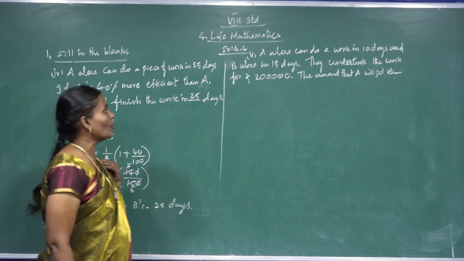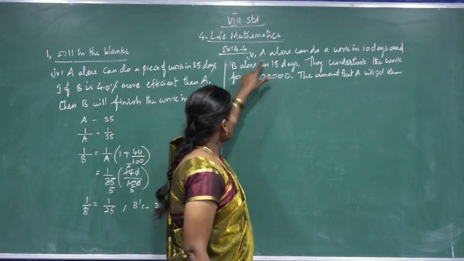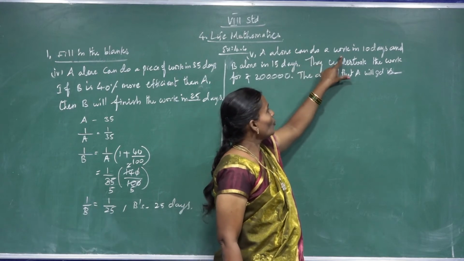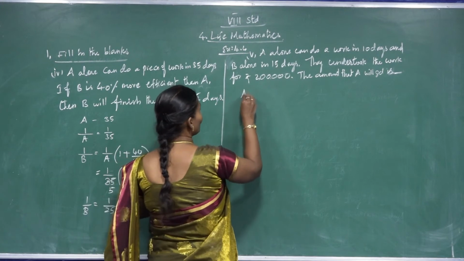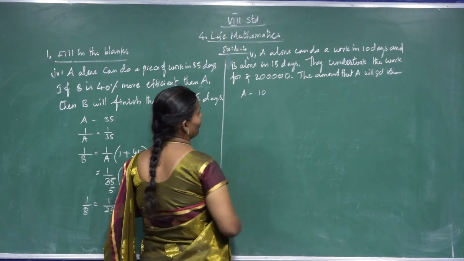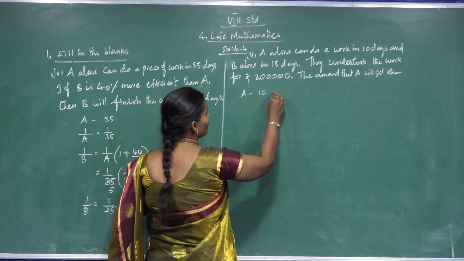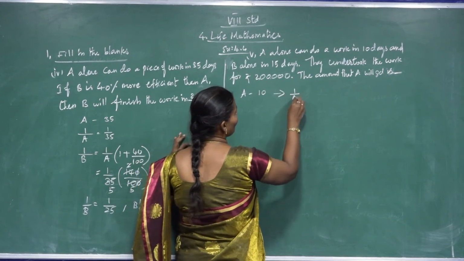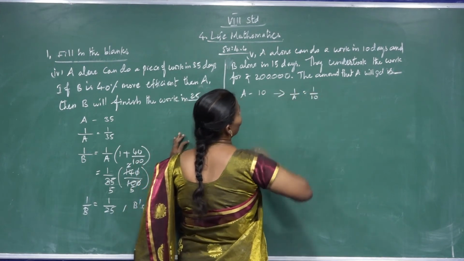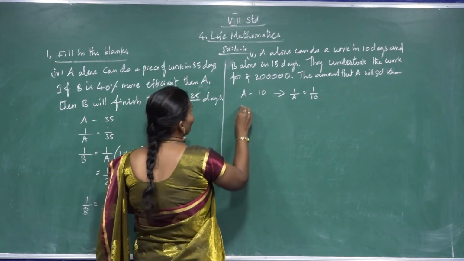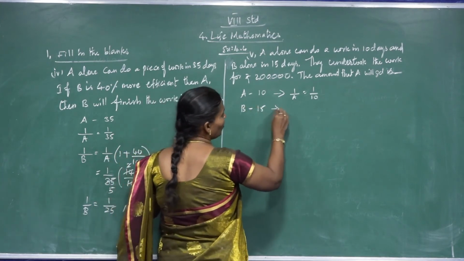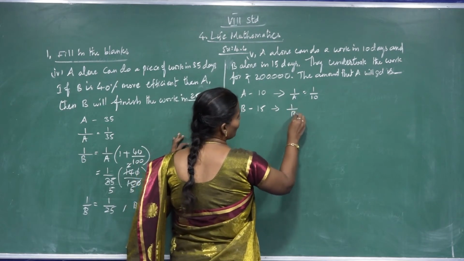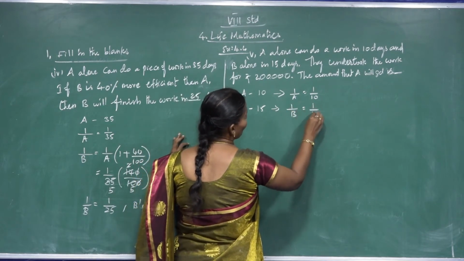Understand, children? Good. Now we see here A alone can do a work in 10 days. So 1 day's work, 1 by A, is equal to 1 by 10. Now B's work is 15 days, that means 1 day's work, 1 by B, is equal to 1 by 15.